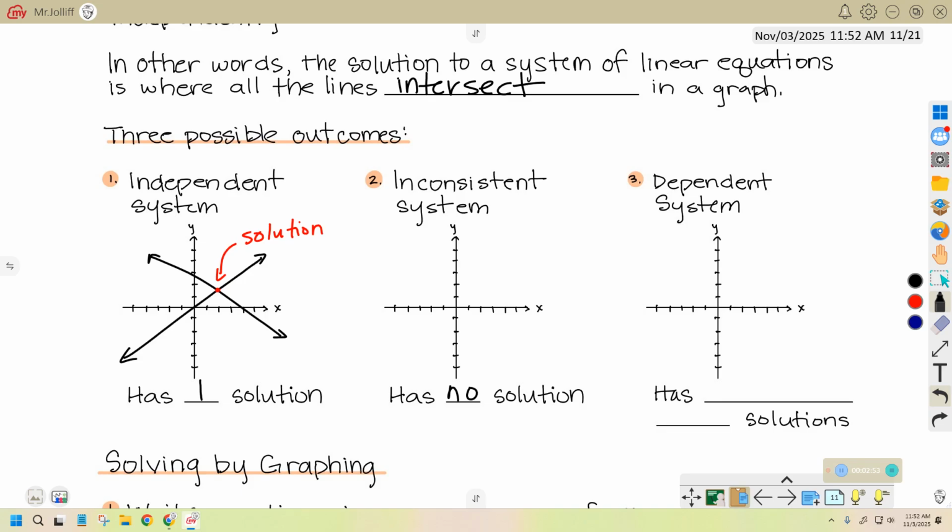Those lines would be parallel. They're never going to cross. I'm not very good at drawing, apparently. But these lines are parallel. I think I spelled that right. And lines that are parallel have the same slope.